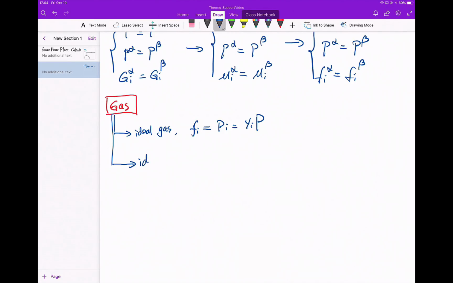Their interactions are close to each other, because this is an ideal solution or ideal mixture. Then we say fi will be Yi fi pure.